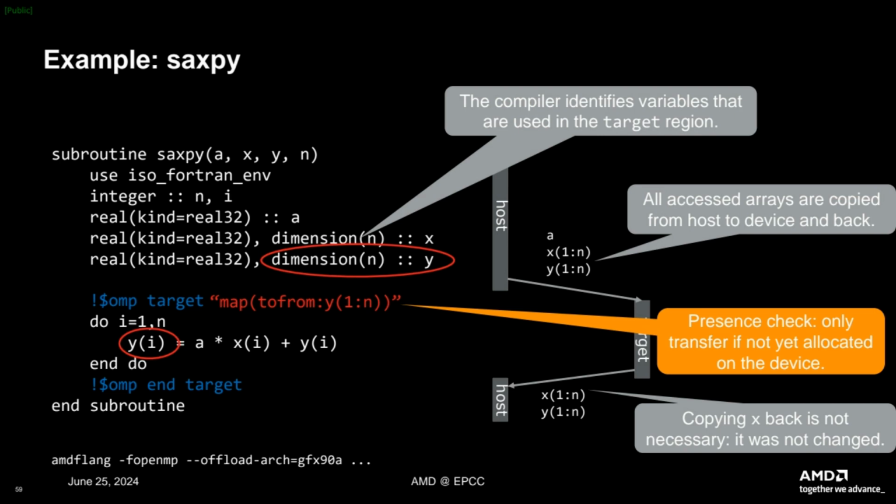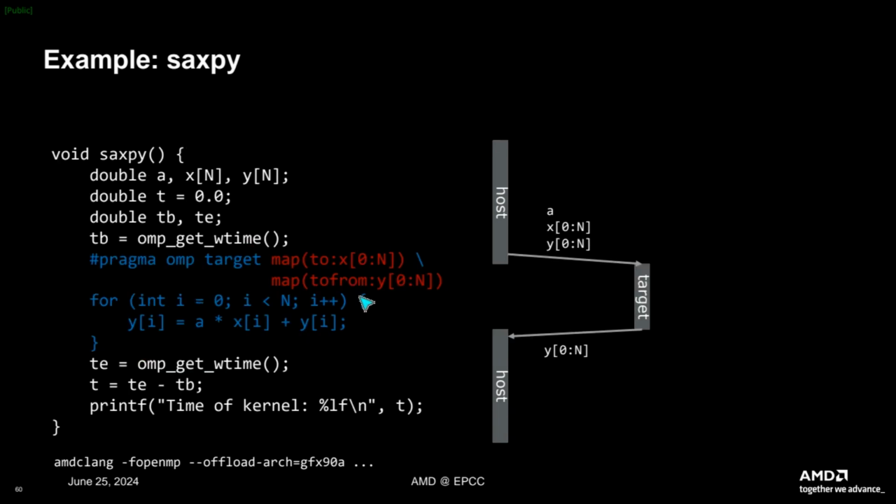But in general, it may not know the sizes, it may not know when to move things, and so it is good practice to always put this map clause in there and tell it what memory needs to be moved over, and what memory needs to be moved back.